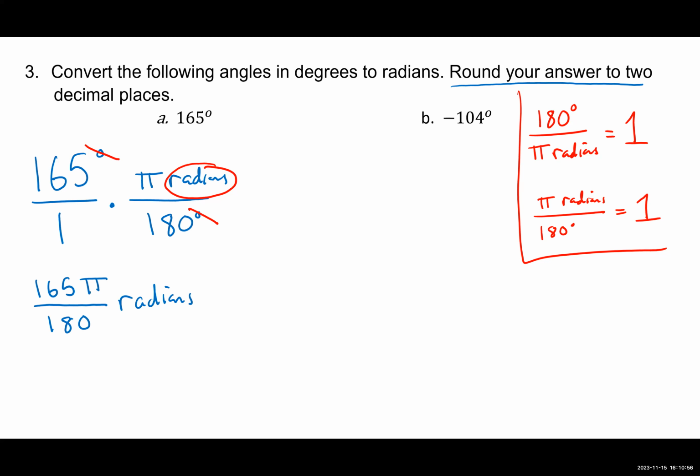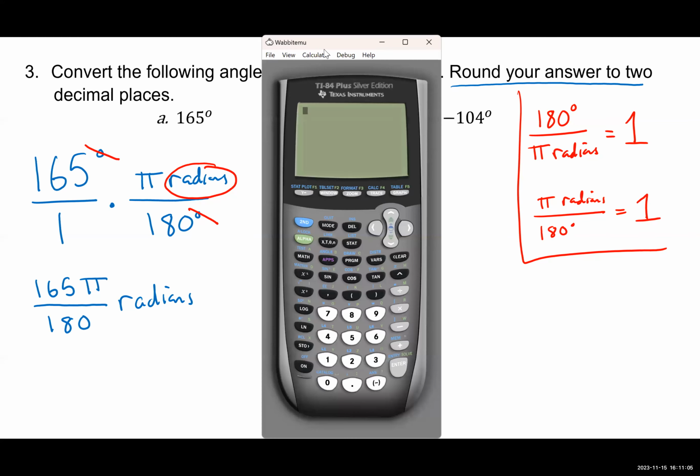What is 165 times pi divided by 180? I don't know. This is what calculators are for. So 165 times pi. So pi is second caret. There's pi. Don't use the number 3.14. 3.14 is not pi. 3.14 is close to pi.